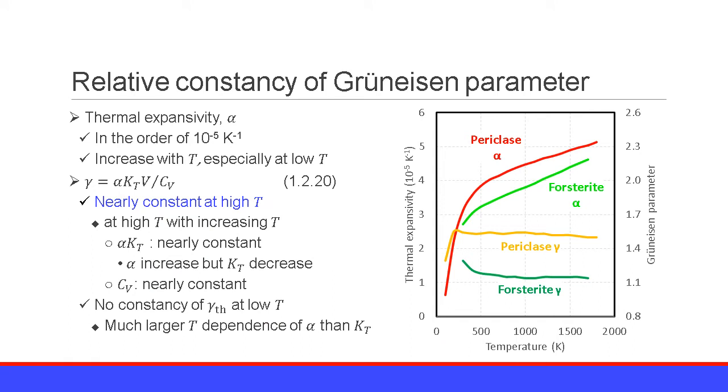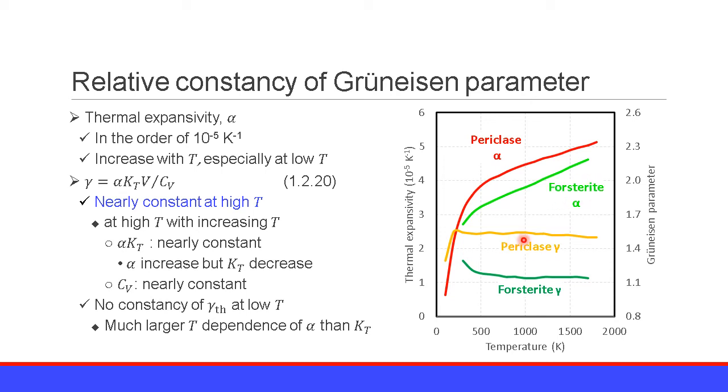This slide demonstrates the relative constancy of the Grüneisen parameter. First, let us see the thermal expansivity alpha. In this diagram, the red curve is the thermal expansivity of periclase, and light green is the thermal expansivity of forsterite.